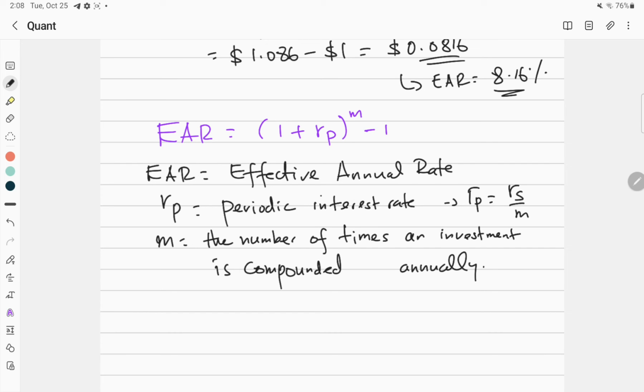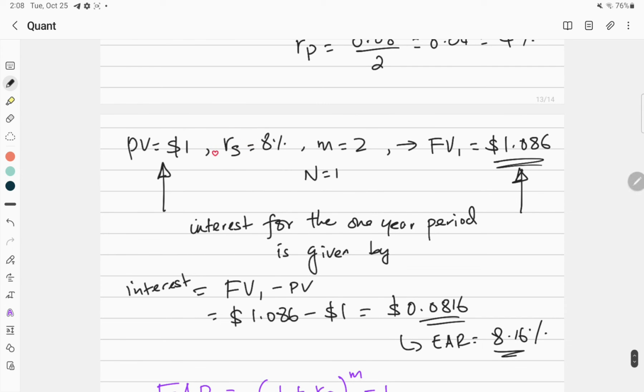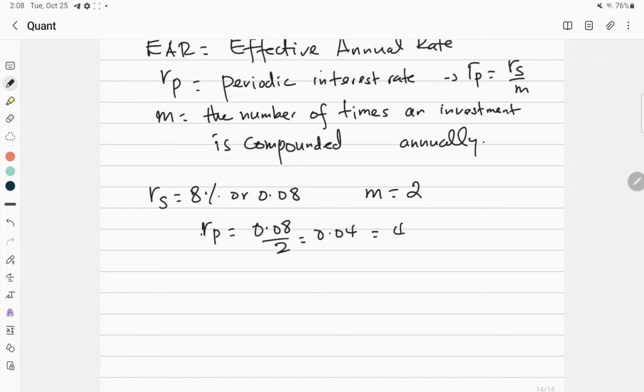Let's go back to the example that we have here. For a stated annual interest rate of 8% that's compounded semi-annually, RS is 8% or 0.08. Our periodic interest rate is 0.08 divided by 2, which is 0.04, the same as 4%.